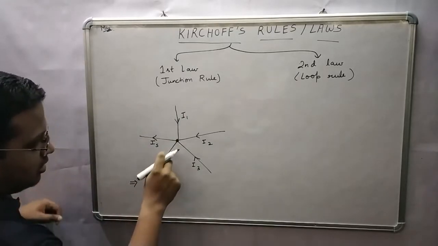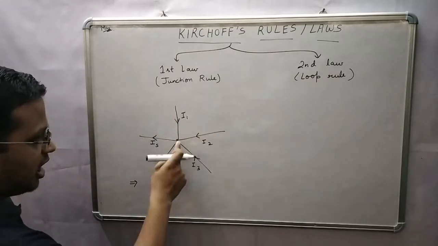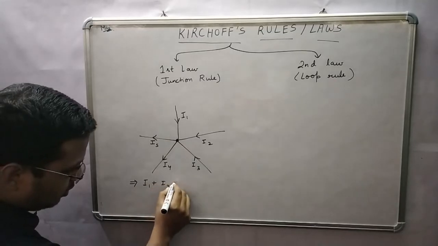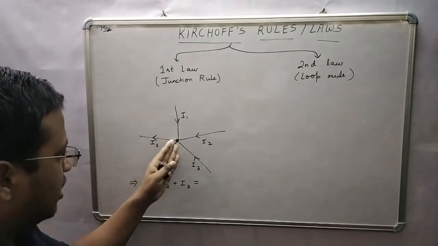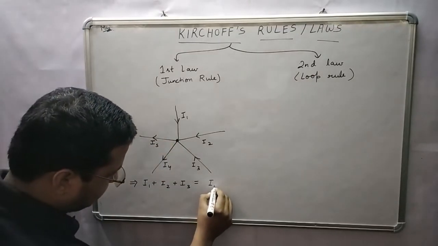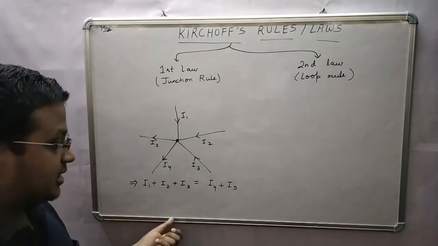At this point, what are the currents entering the point? They are I1, I2 and I3. So I1 plus I2 plus I3 should be equal to the amount of current leaving the point, equal to I4 plus I5.